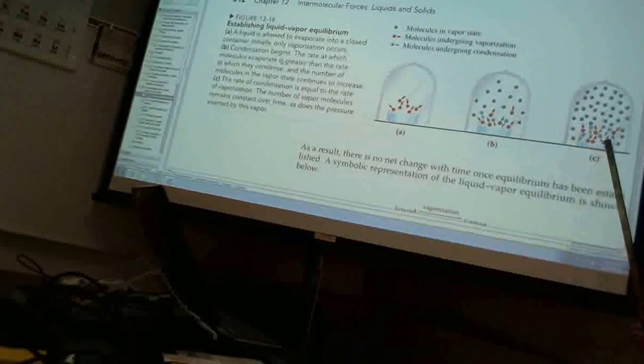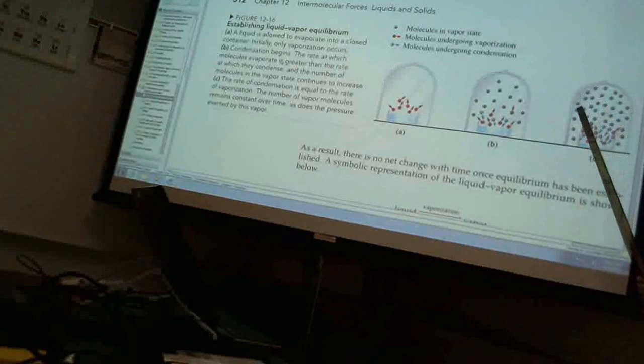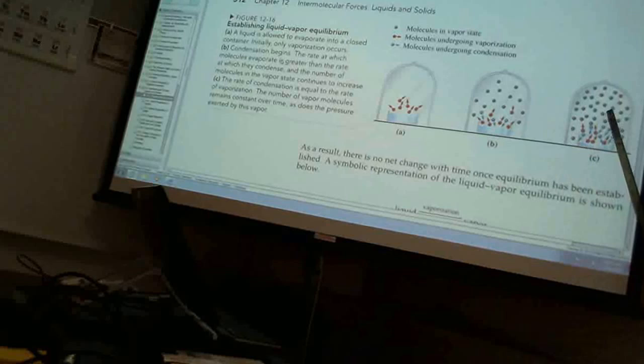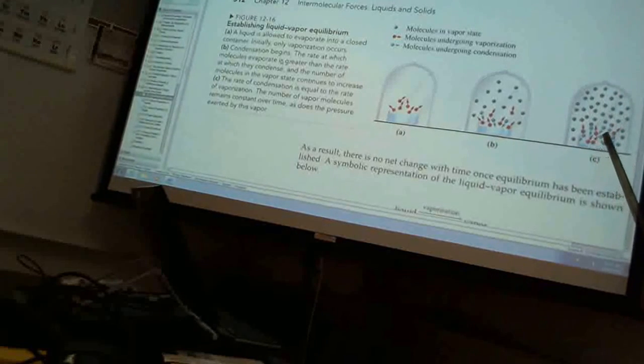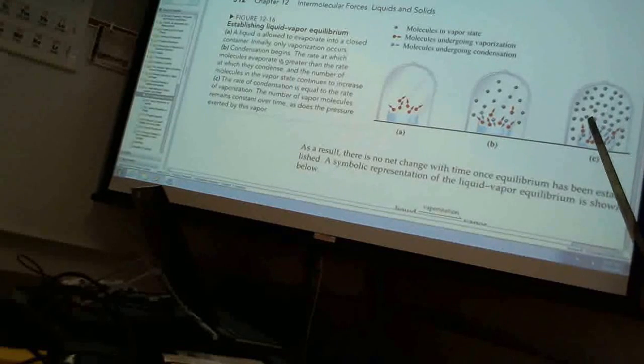Eventually we'll saturate the airspace here with vapor. When we saturate the airspace with vapor, the evaporation rate is equal to the condensation rate. So we have to build up a certain number of molecules.